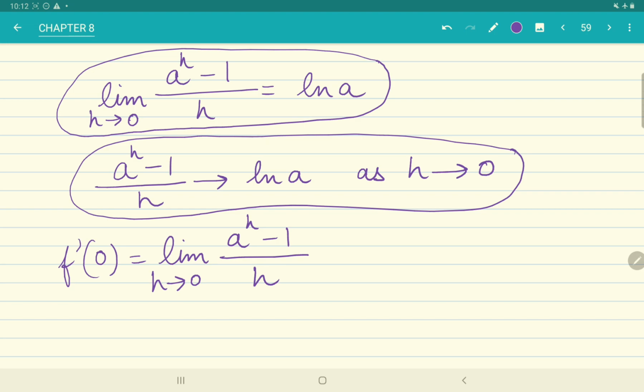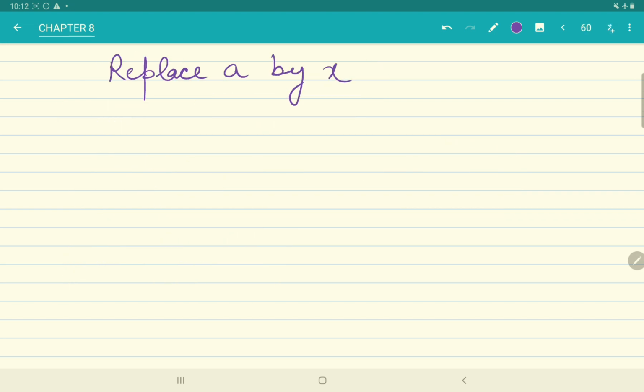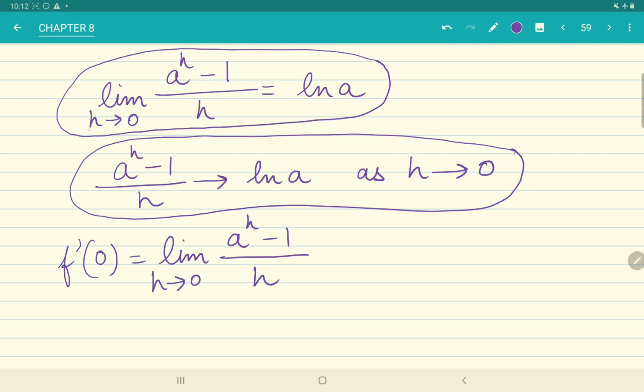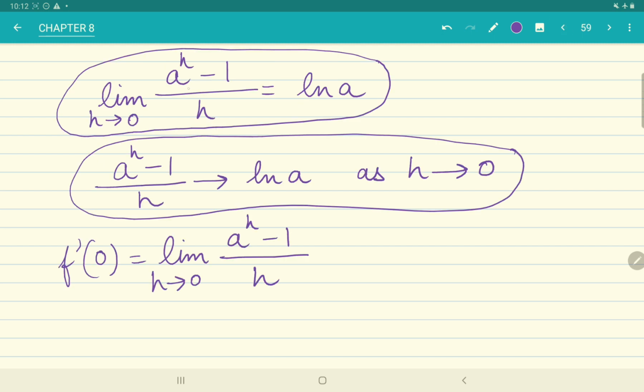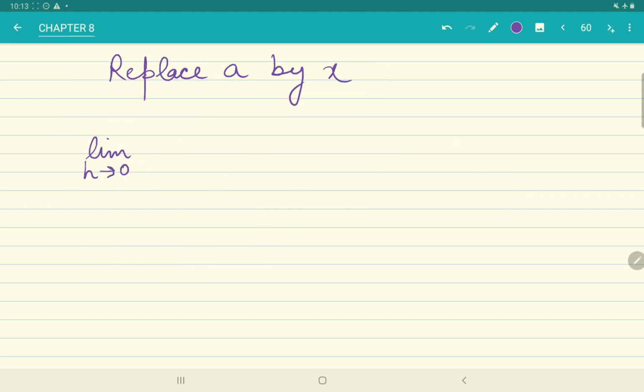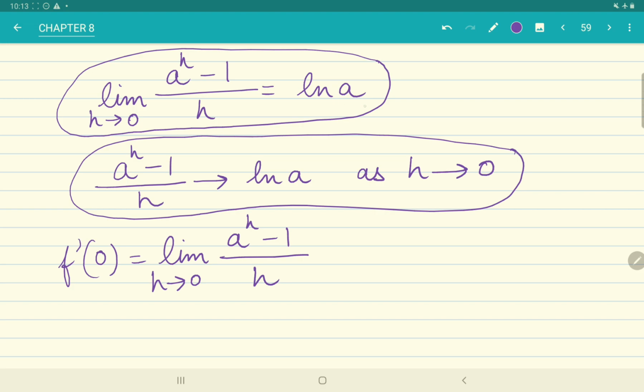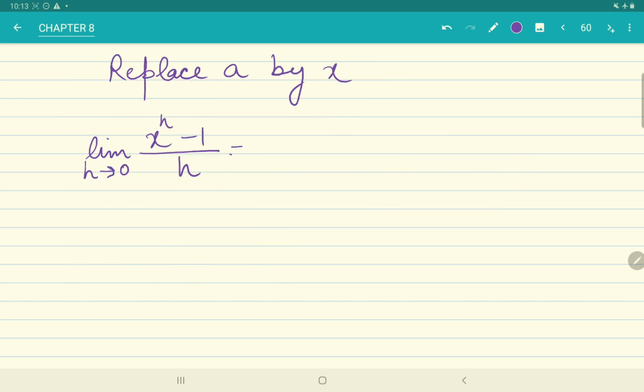Obviously, given the fact that x has to be greater than 0, I can now write limit h tending to 0, instead of a raised to the power h minus 1 by h, I now write x raised to the power h minus 1 by h, which is then equal to ln x, wherein x is greater than 0.